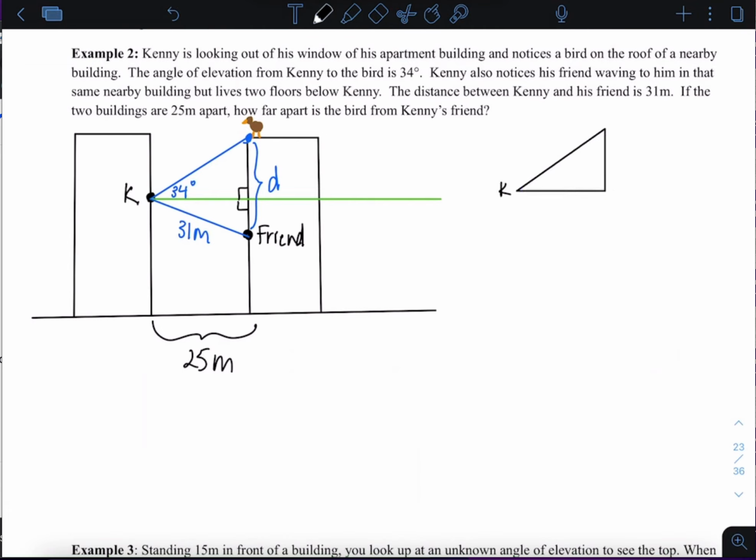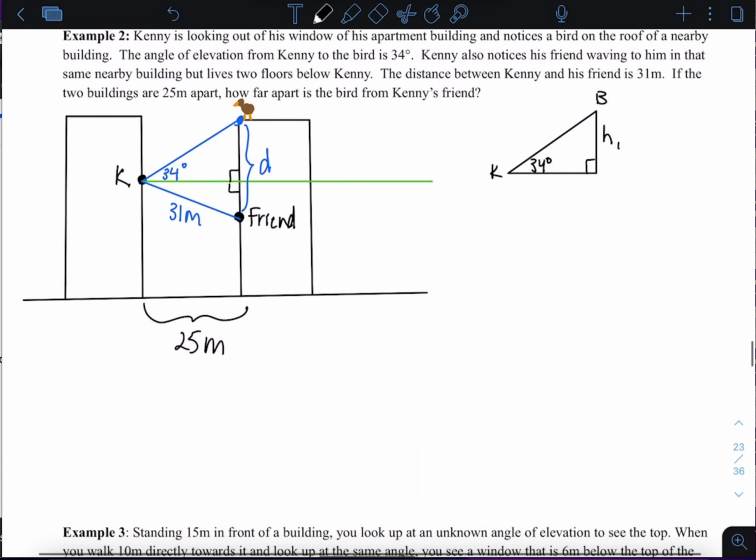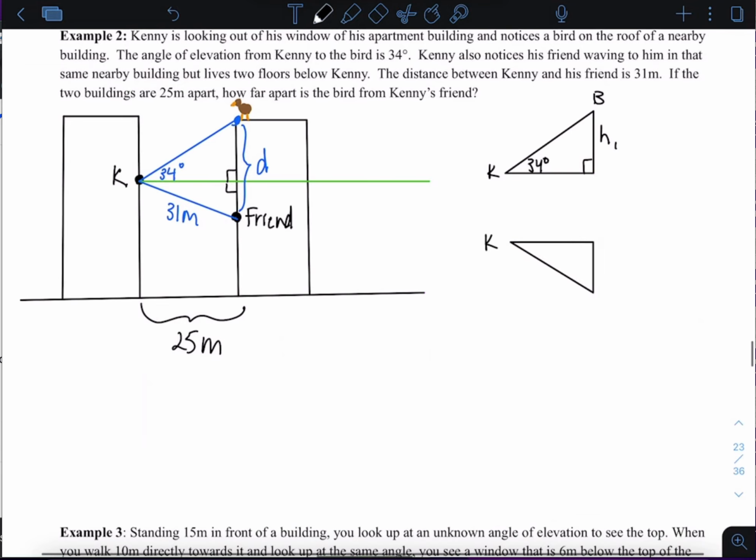This is Kenny, this is bird, okay, and this is 34 degrees. I'm going to call this H1 for height 1. And then we have another right triangle. This is from Kenny to his friend. And I know that this is 31 meters.